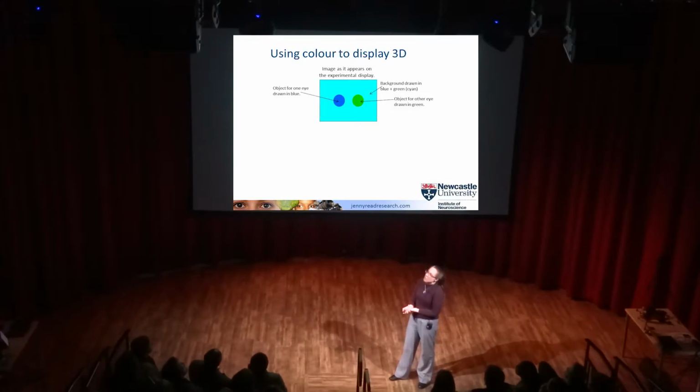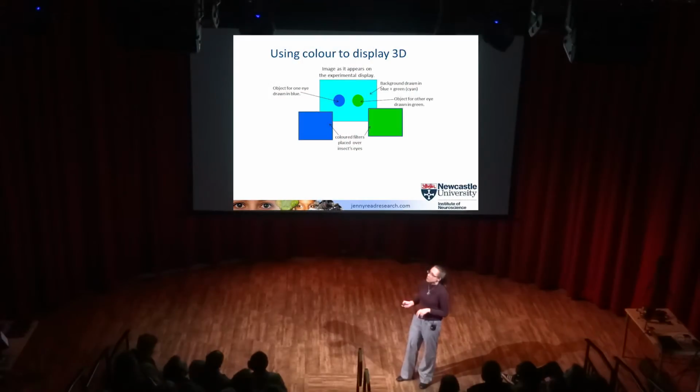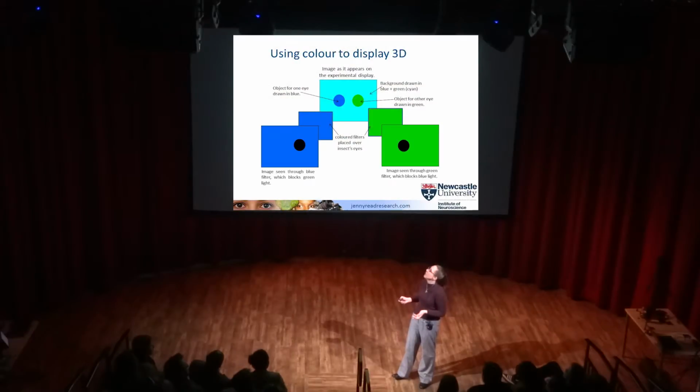So just to go through a little bit about how this works, this is the sort of image that we would put up on a computer screen in our experiments. So we'd have a target, a little simulated fly, if you like, for the mantis, and we'd draw it in blue for one eye and green for the other eye. So the idea is that because the insect is viewing it through these filters, this filter here only lets through the blue light, it blocks the green light.